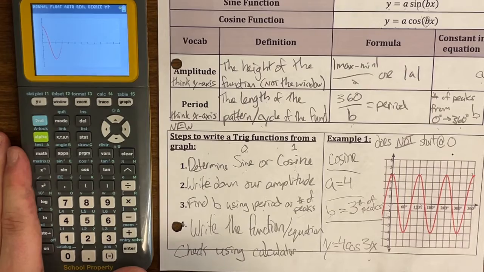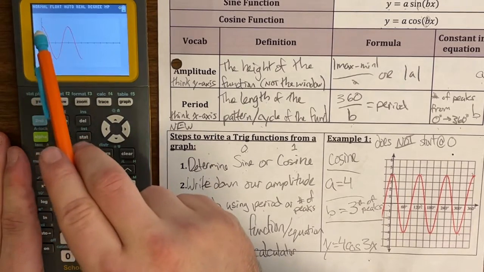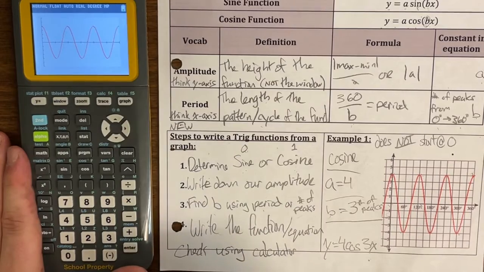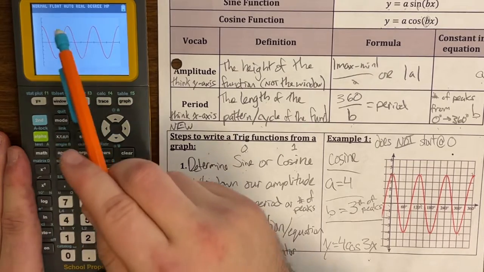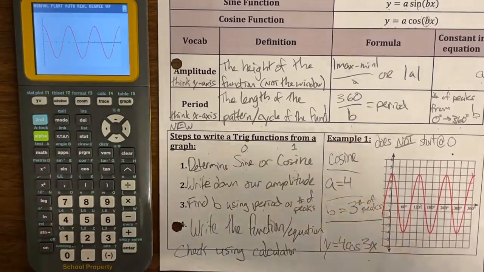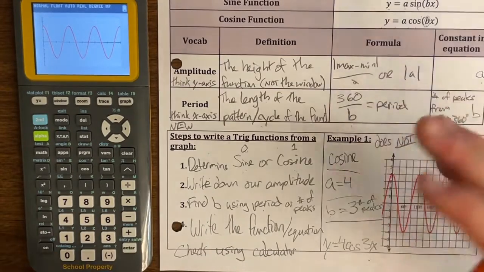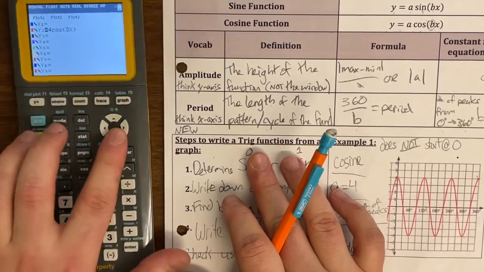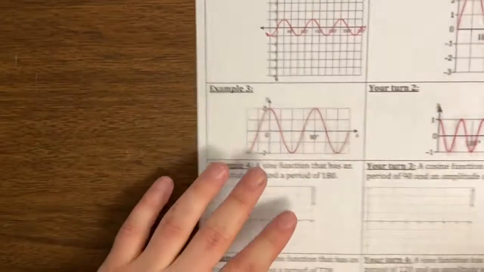Let's see what it looks like. It starts at the top, goes down, up to +4, and then cycles through. Notice how many peaks we have: 1, 2, 3. If I need to check those values, I certainly can. But again, we're going from the graph to the equation. All right, clear. Flip back over.